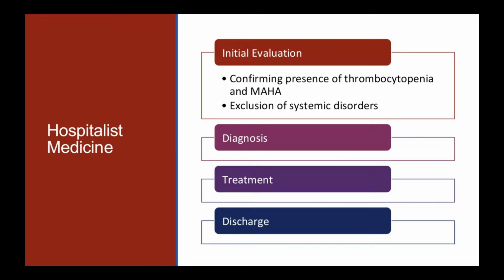I've included 4 key points in my presentation regarding the role of hospitalist medicine. This would include the initial evaluation, which includes the confirmation for the presence of thrombocytopenia and MAHA, exclusion of any systemic disorders that may contribute to these symptoms, confirming the diagnosis of primary TMA, the treatment process itself, and then, of course, the eventual recovery and discharge of the patient.